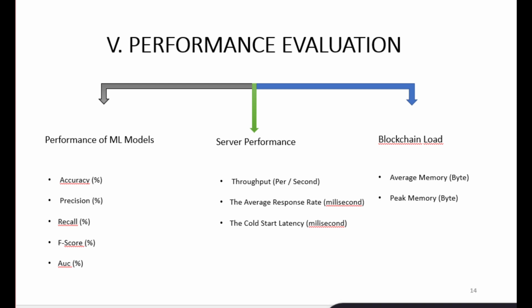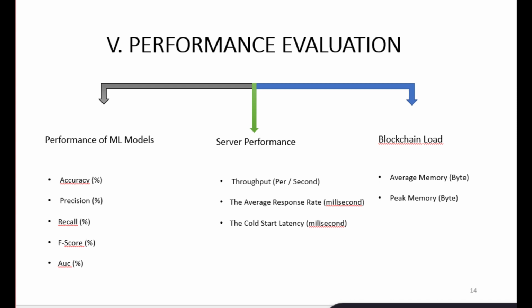Throughput is the average rate of successful delivery of messages passing over the communication channel. The average response rate is the average of the response time given by the server to the request sent by the client. Cold start: serverless computing scales idle resources to zero, thus working on a pay-as-you-go basis.